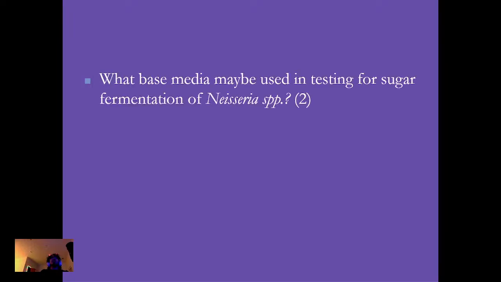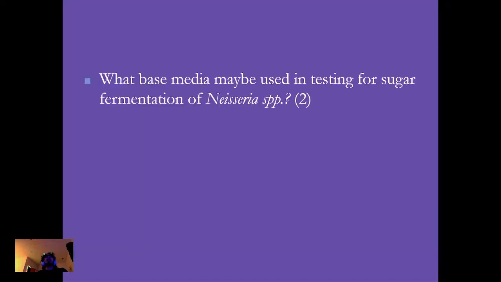Okay, we do the ONPG test. Let's go on to the next slide so I can give you an algorithm to identify the Neisseria species. ONPG is the answer there. Alright, ONPG. Okay. Next slide.